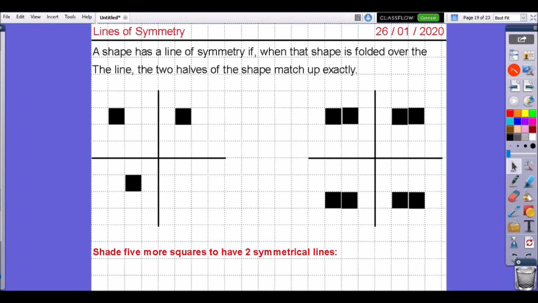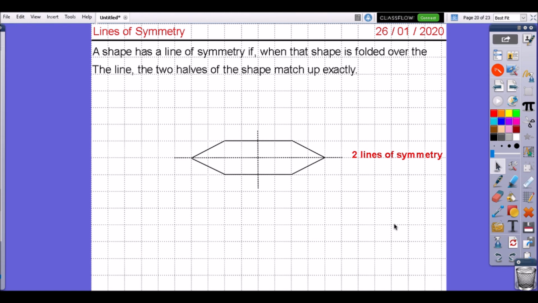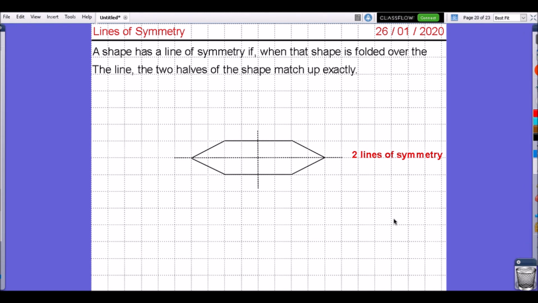All right, the next part over here is if I'm given a shape like this. This shape actually is just a composite shape that consists of how many sides? 6 sides, which makes it a hexagon. So this is a hexagon. And they ask you to find or to draw the lines of symmetry. These are the only 2 lines of symmetry that you can find.